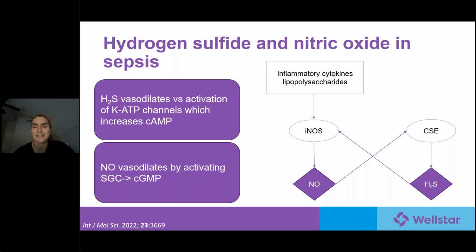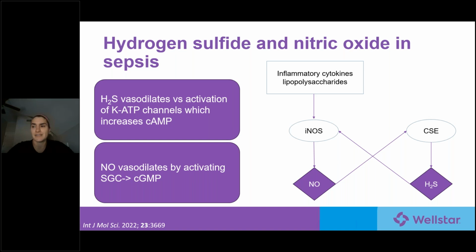The only thing I'll comment is that the difference in sepsis is you don't only have these inflammatory cytokines that activate nitric oxide synthase, you also have lipopolysaccharides from your bacteria that activate this. They discovered this by utilizing animal models where they did either cecal ligation and perforation or direct injections of lipopolysaccharides, and then measured nitric oxide and hydrogen sulfide amounts after that.